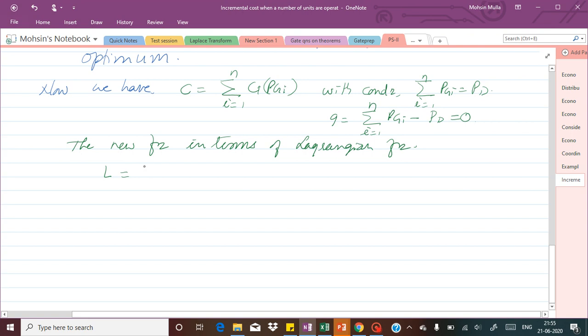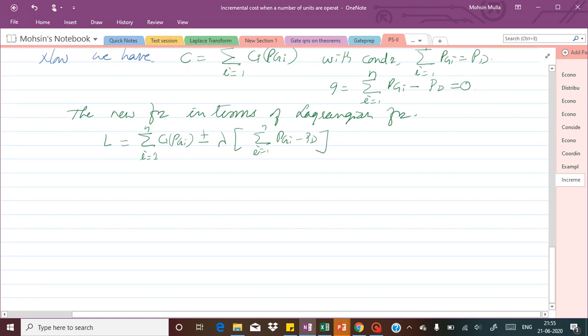This is basically the given function, summation of i equal to 1 to n Ci Pgi, plus or minus lambda times the other condition, that is lambda into summation of i equal to 1 to n Pgi minus Pd. So this is what the condition is.